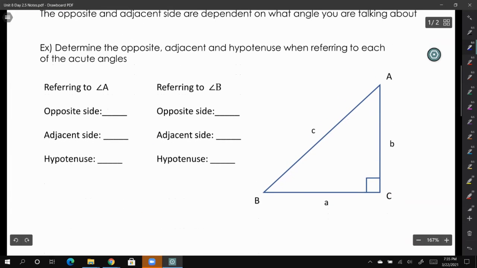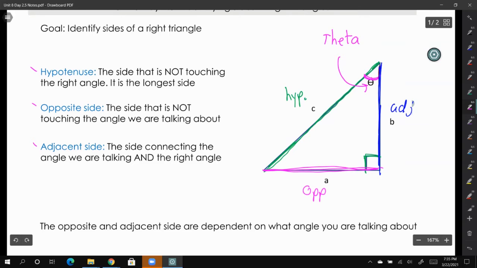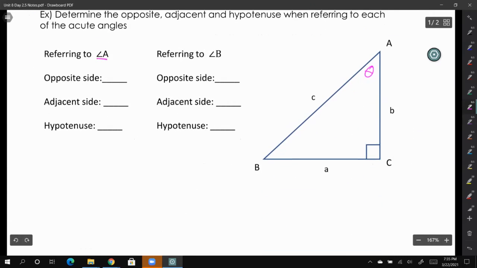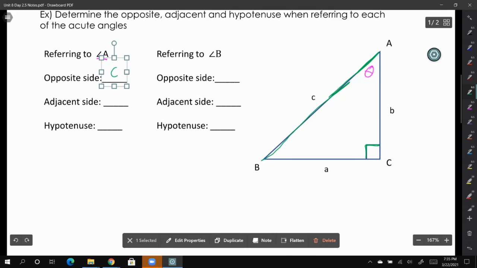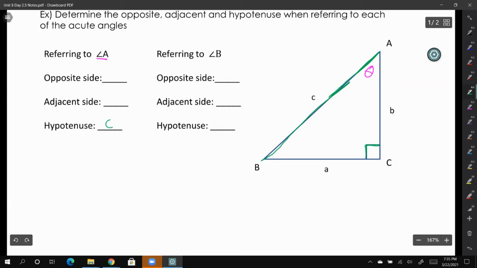So let's look at the same triangle here. Now, if I was referring to angle A, if this was where my theta was right here, then everything would look the same as it was up here. Your hypotenuse, opposite, and adjacent side would be. Again, the hypotenuse does not touch our right angle, so that is side C. Your opposite side is the side that doesn't touch angle A, which again is right here.